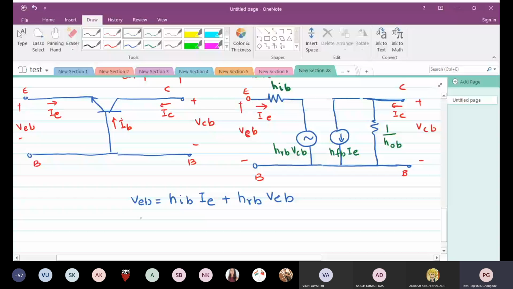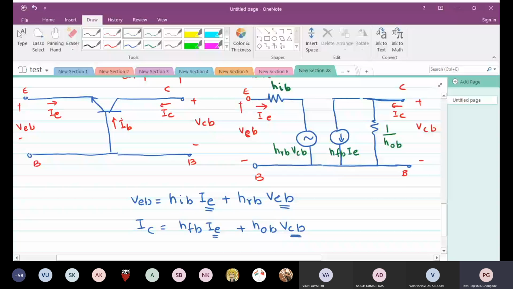Similarly, IC equals HFB into IE plus HOB into VCB. See, it is easy to remember. All these are same here.